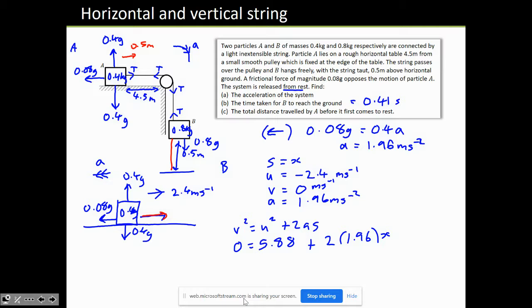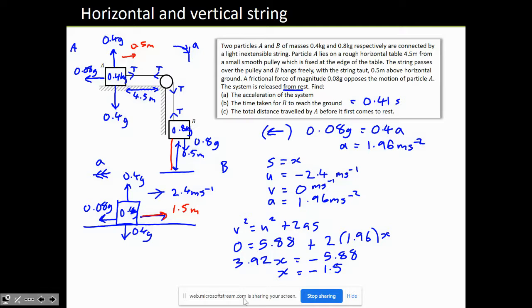So what we have here is 2 times 1.96 to get us 3.92 x, and that's equal to negative 5.88. So if we do that negative 5.88 divided by our 3.92, we get a value for x to be negative 1.5. So you can see what we've done here is we've travelled another 1.5 meters in this direction.